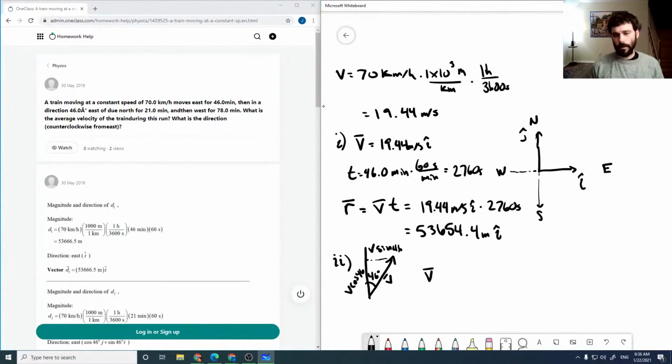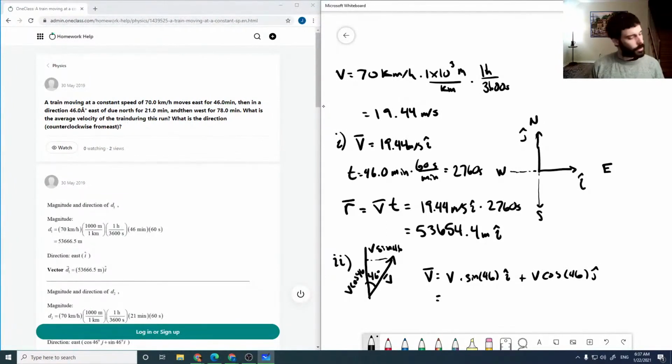So my velocity is my magnitude, V times sine 46 in my I hat plus V cos 46 in my J hat.